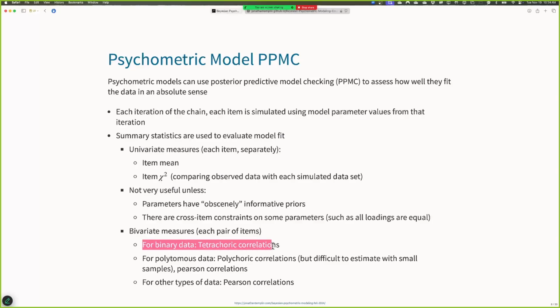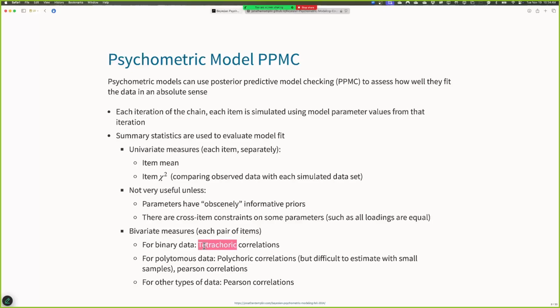For binary variables, if we envisioned an underlying continuous variable underneath each, then the binary variables were formed by cutting each continuous variable with a line. When you cut each with a line, you get four quadrants, and that's where the word tetra comes from. Tetra being Latin, something, four? I don't know.